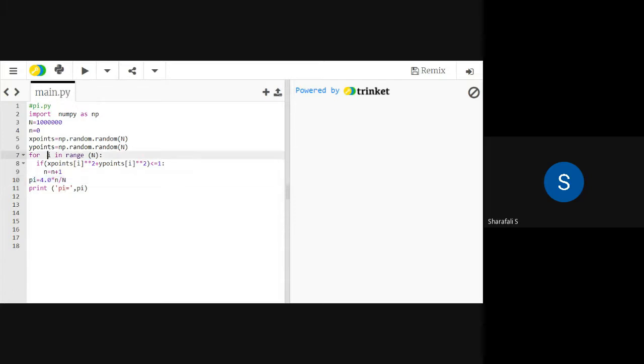So after completion of this many iterations within the for loop, it will go to this step and calculate the value of pi. So this is the program, and then we have to print the value of pi. We can write value of pi equal to whatever the value of pi is.